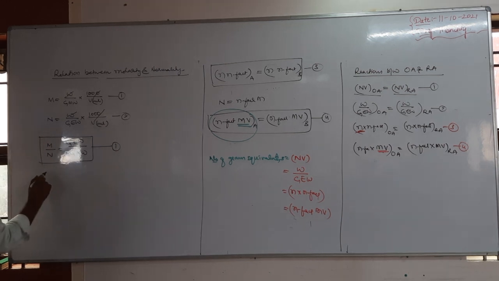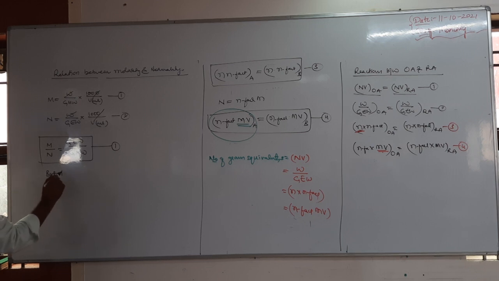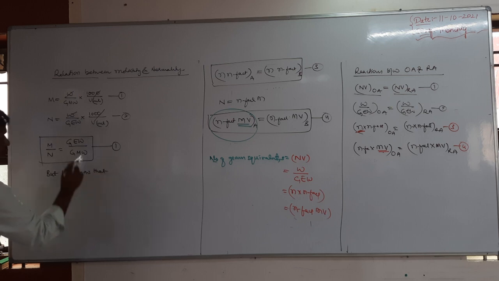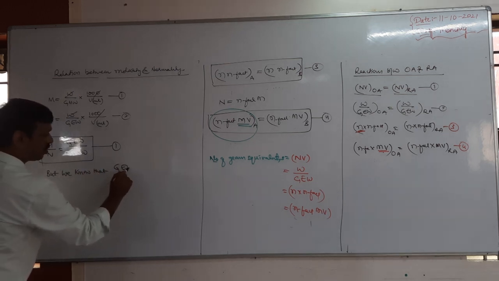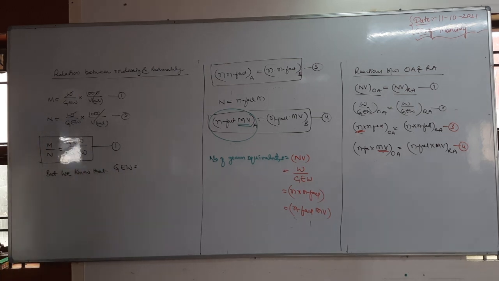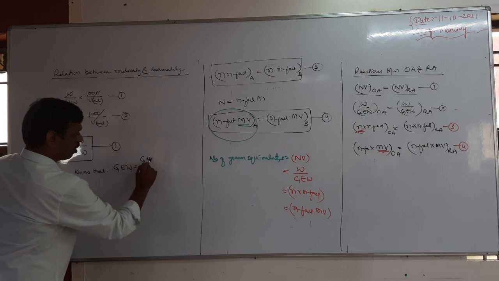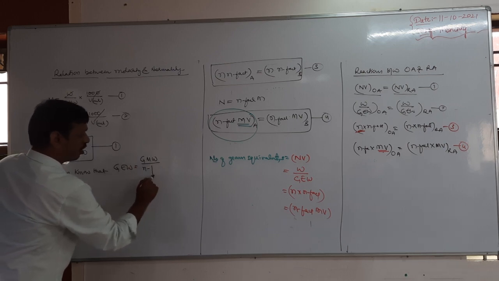Next, we also know that gram equivalent weight equals gram molecular weight divided by n factor.